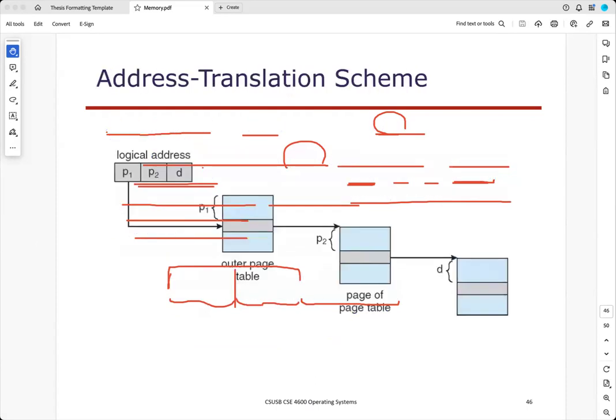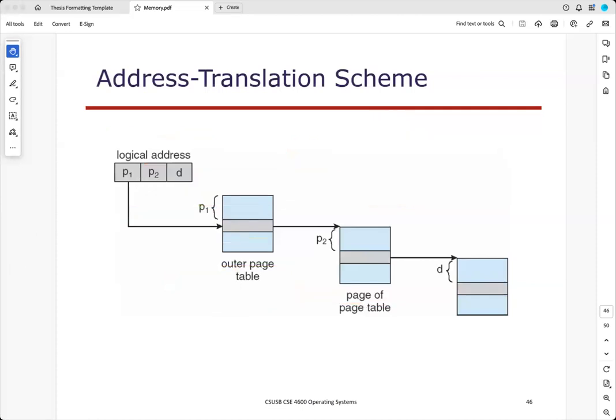Here, this is the two-level page table. We divide the logical address into page number and page offset, and then we continue to divide the page number into two parts.